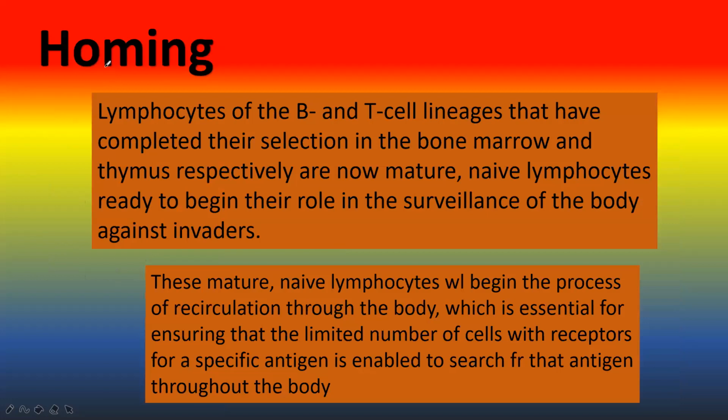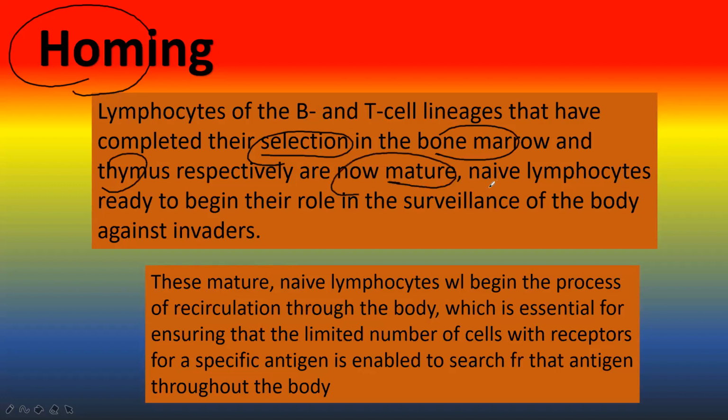What does homing mean? After maturation, B cells mature in the bone marrow and T cells mature in the thymus. After their selection is completely done, the cells from the bone marrow and the thymus are now mature.